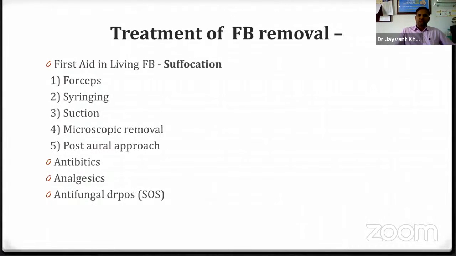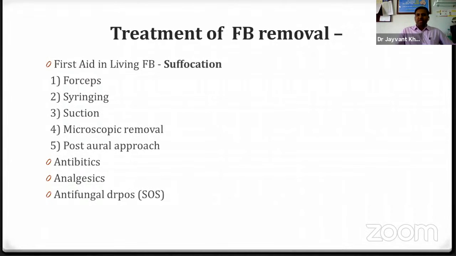Microscopic removal: as I said earlier, for the foreign body which is not easily caught or grabbed by the forceps, you will prefer the microscopic removal. If there is no condition for forceps or microscopic removal, then you will prefer the post-aural approach.